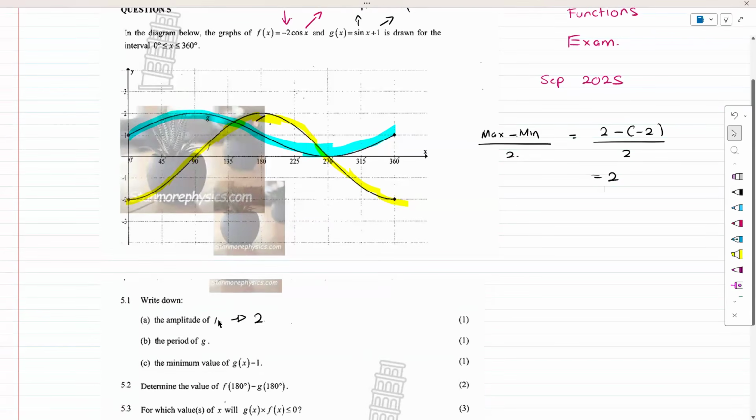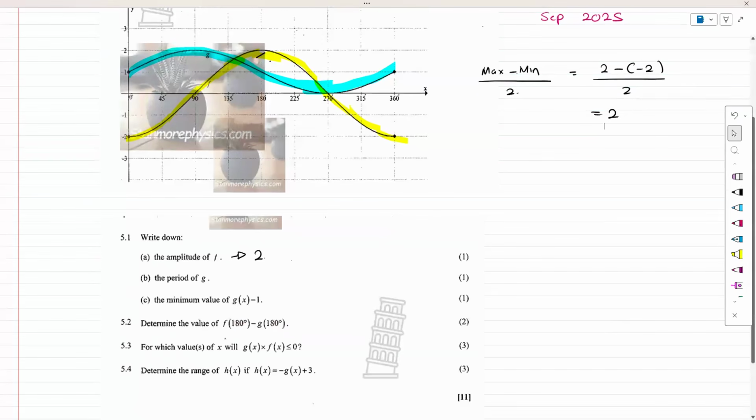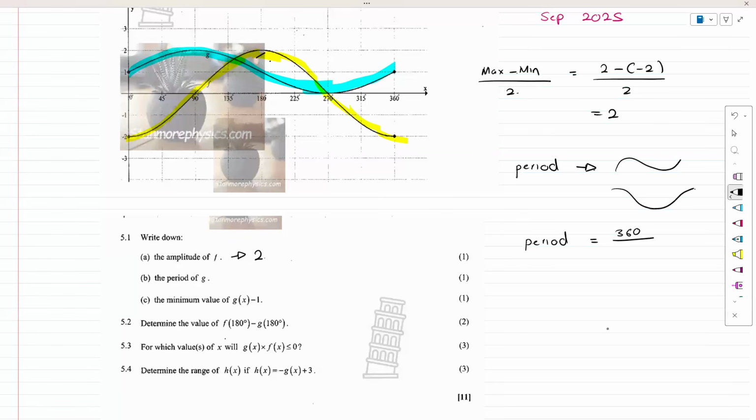What is the period of g? Now, guys, for the period, we need to understand that the period of a graph is how long it takes to complete one full cycle. But a shortcut for grade 11 trig and grade 12 trig is the period is always equal to 360 divided by k.